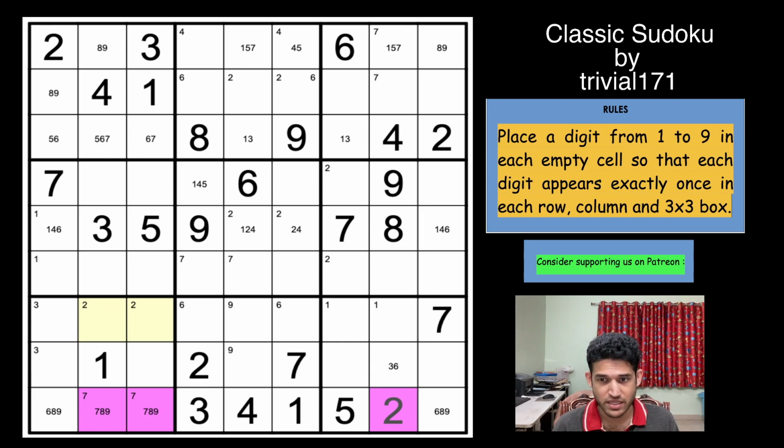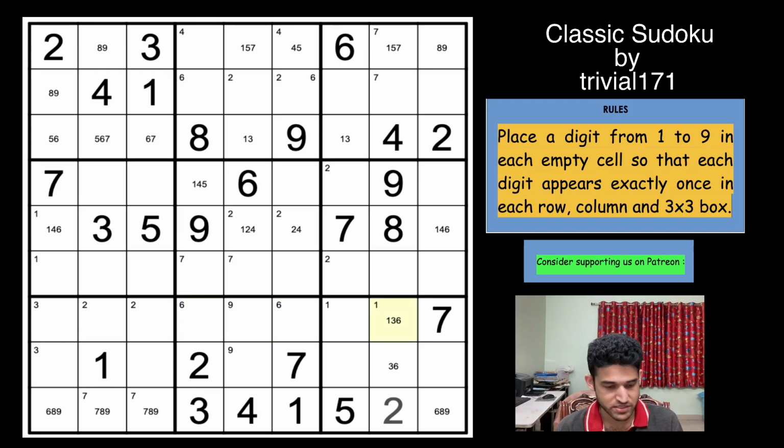Okay, so look at this cell, and let me remove the colors here. This would be a 1, 3, and 6. 6 has been marked into this domino, right?